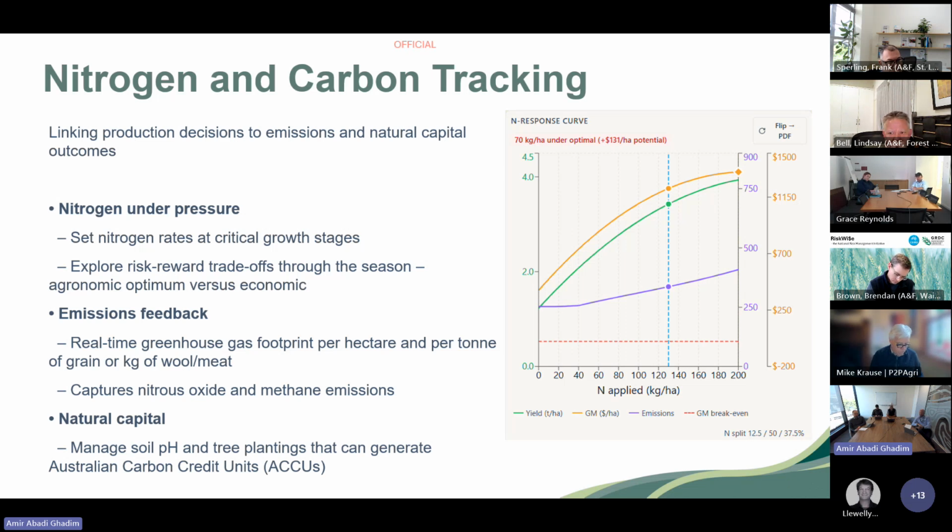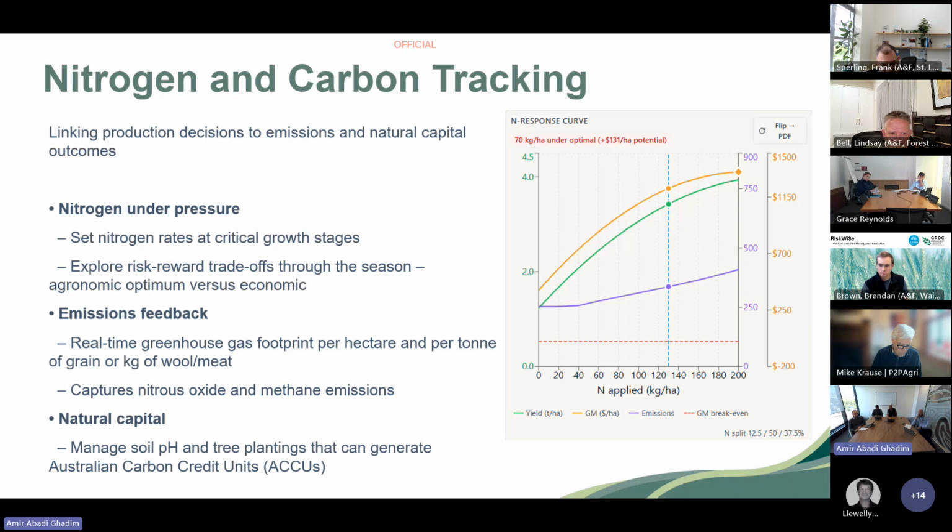So the orange line is your money, gross margin, the green line is your yield, and the purple line is your emissions. The more nitrogen you apply, the more greenhouse gas emissions you get. And every season, this graph will look different because of the way the season pans out.